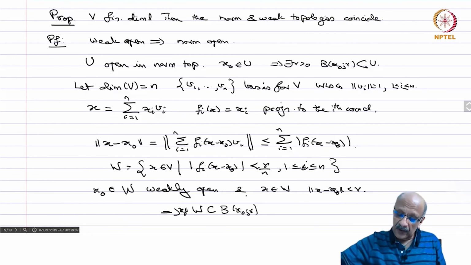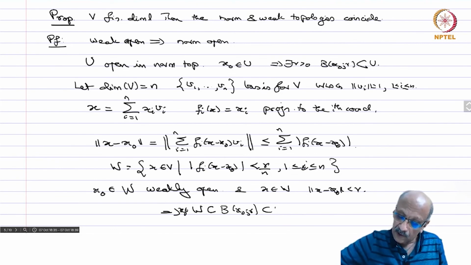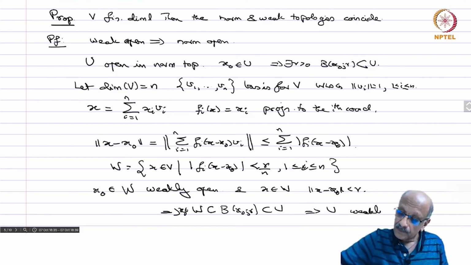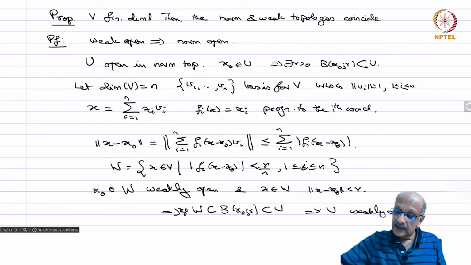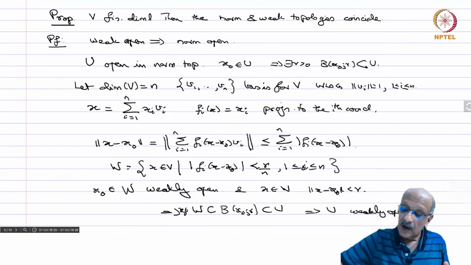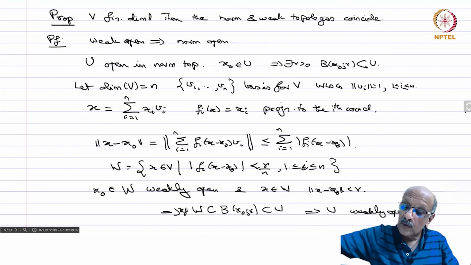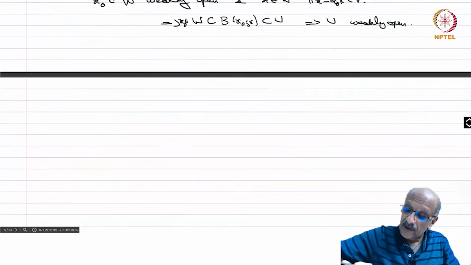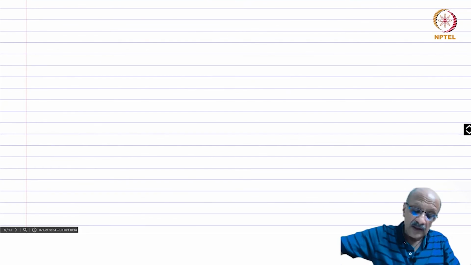So B of x naught R contains a weak neighborhood of every point in it, which is of course contained in U, implies U is weakly open, because every point in it contains a weak neighborhood inside the same set, and therefore every norm open set is weakly open, every weakly open set is norm open, therefore the two topologies are one and the same. So if at all there is going to be a difference, we have it only in infinite dimensions.